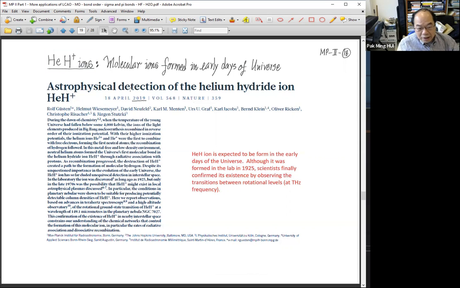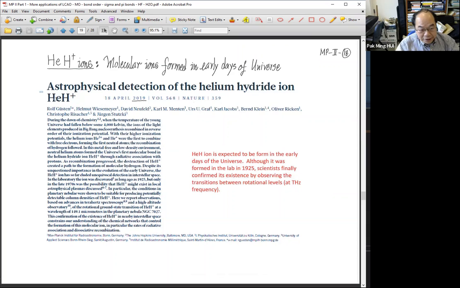So it was not until 2019 that there were two reports, around two months apart, one in Nature, another in Science, the top two journals, and they are usually German groups. So they observed, this is about astrophysical detection of helium hydride ions by observation.